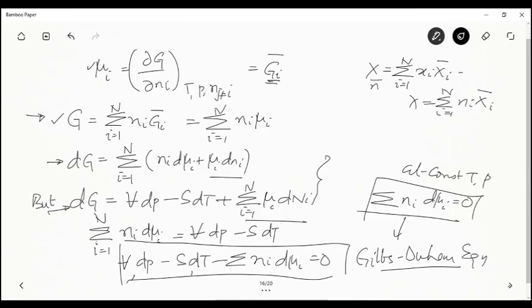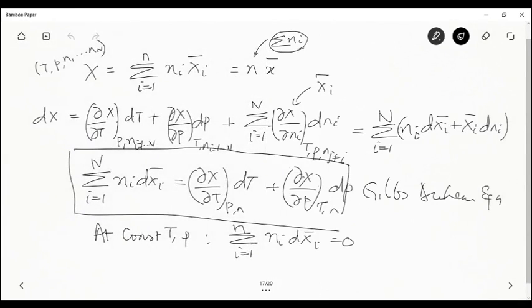This is called the Gibbs-Duhem equation, and we derived it in a slightly more generic form, taking any general extensive property x. When x was g, what we derived in the previous slide was correct, and for any x, which could be v, u, or h, we get the same kind of expression: summation of ni dxi equals del x by del t dt at P and n, plus del x by del p dp at T and n.